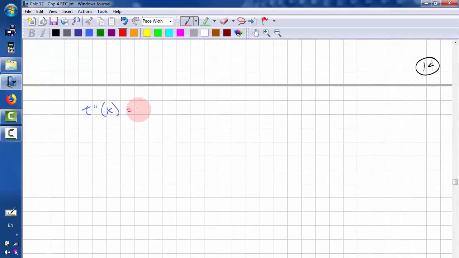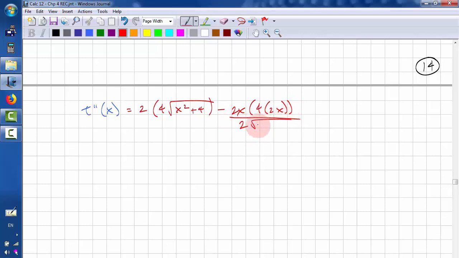So this equals 2, 4 square root of x squared plus 4 minus 2x, 4, 2x, 2 square root of x squared plus 4 over 16 times x squared plus 4, and we need to have a common denominator for these two to combine it.